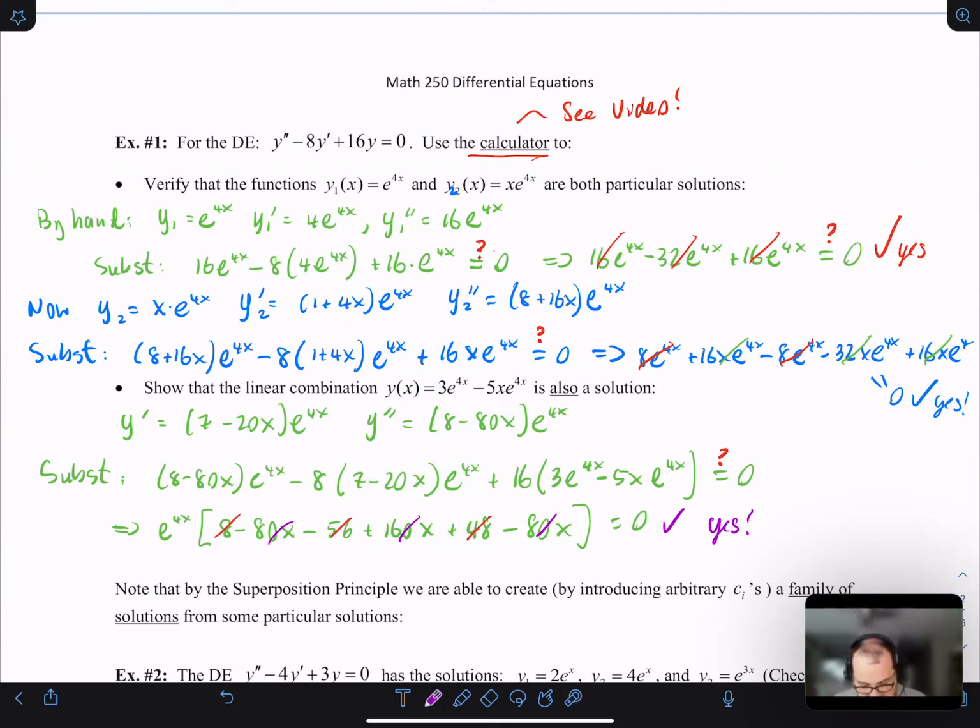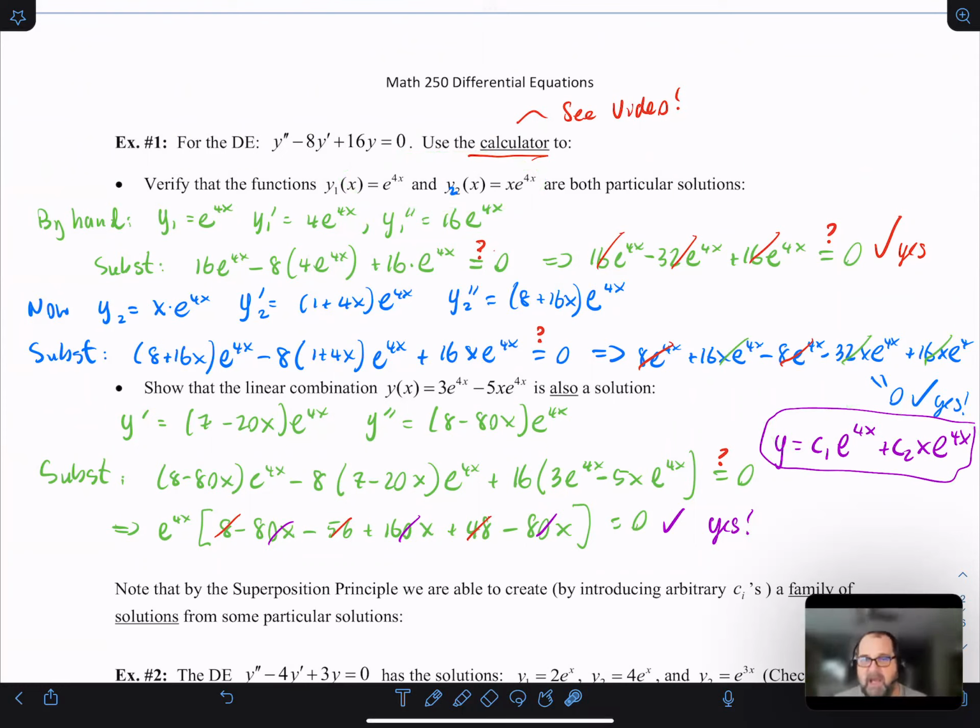And in fact, any general combination such as y equals c1 e to the 4x plus c2 x e to the 4x. This is the sort of general linear combination that we can make from these two solution functions that we were given. So you can think of this as being a general solution to this differential equation.